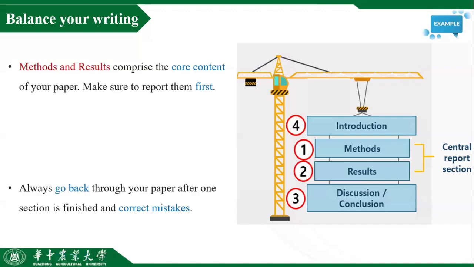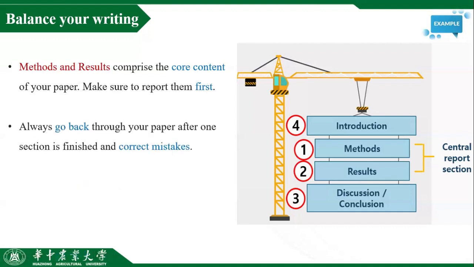So always go back after finishing each part. For example, if you started by writing methodology and now you are going to write result and discussion, after writing the result and discussion, go to methodology again and try to see it with a different eye, for example, a reviewer's eye. You will find mistakes in your writing.